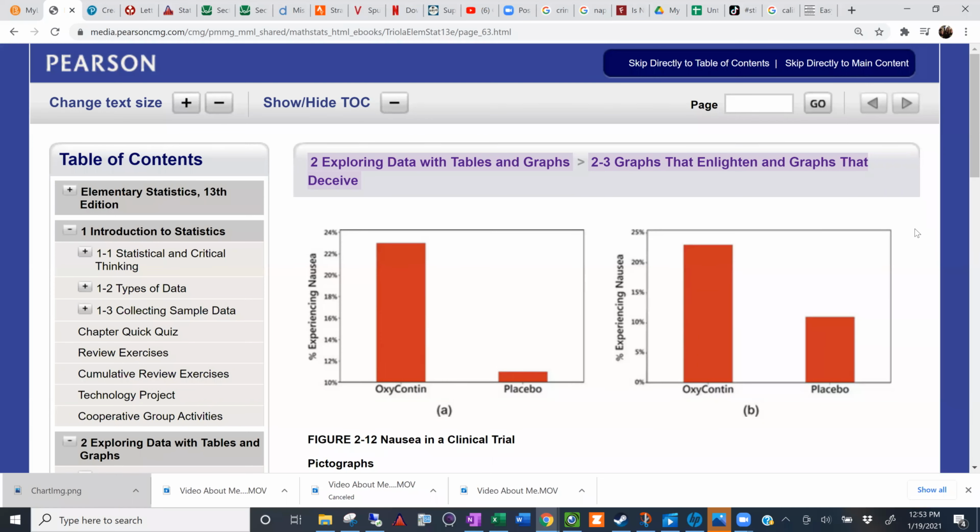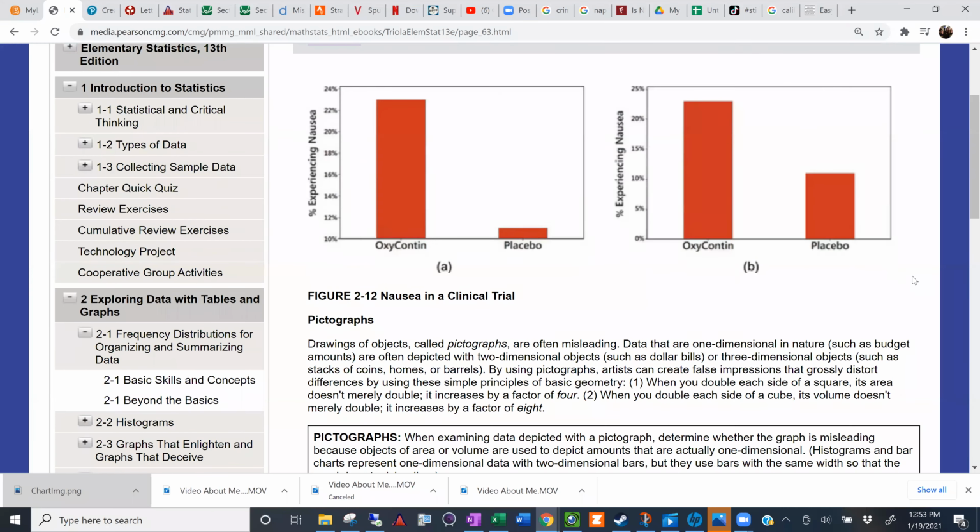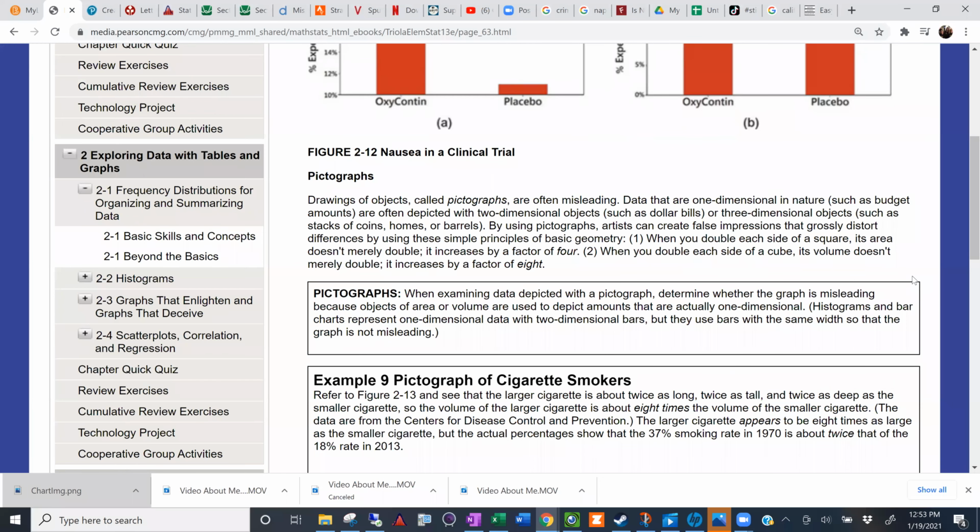Certainly, OxyContin users experience nausea at a much higher rate, but it's not 10 or 15 times the rate like this first graphic implies. It's maybe twice the rate. So yeah, definitely a big difference, but not as dramatic a difference. So starting at 0 is a big thing if you want to show things in their true relationship.